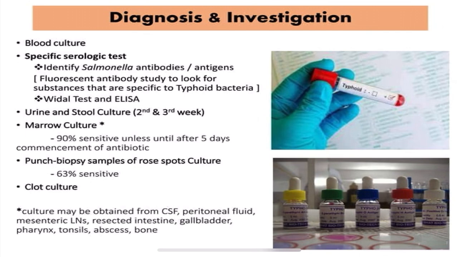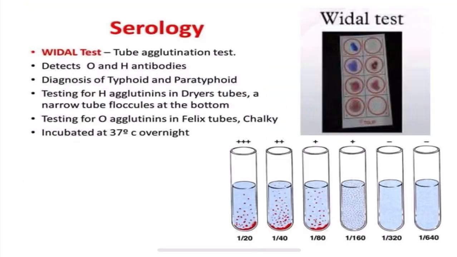There is a blood culture where the sample is clotted, and then we are trying to enhance the bacterial growth and identifying. Is it clear? The cultures can also be obtained from CSF, peritoneal fluid, mesenteric lymph nodes, and resected intestines, gallbladders, pharynx, tonsils, abscess, bone, etc.